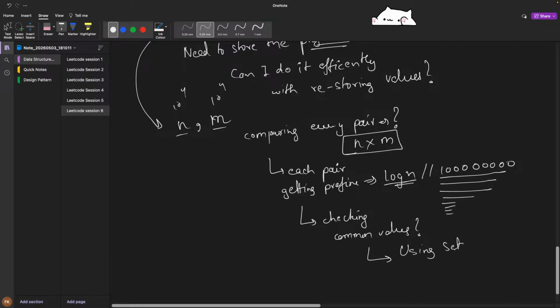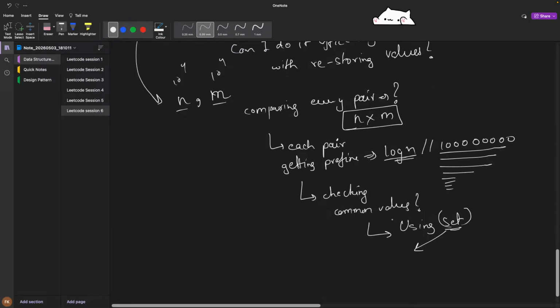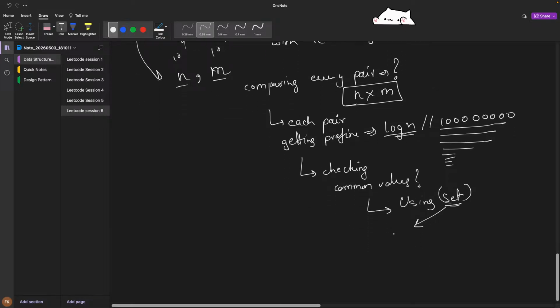Using a set maybe, the average collision would be O of n or O of 1.